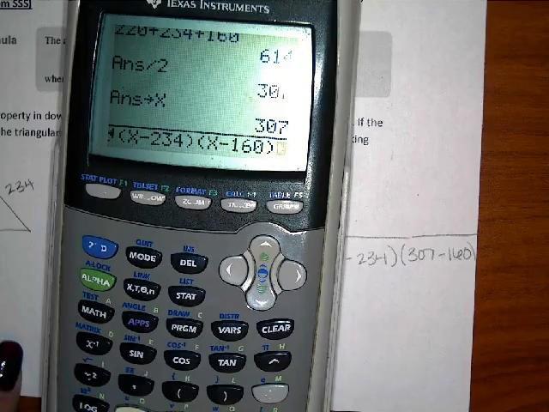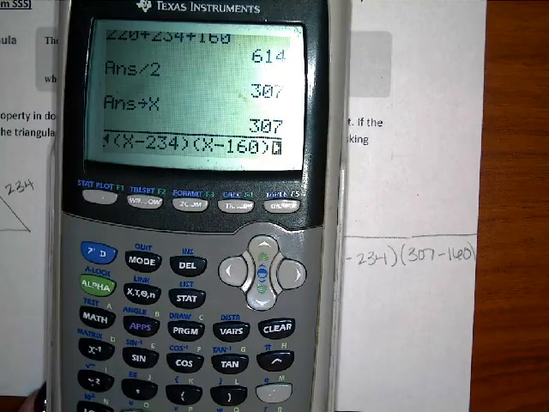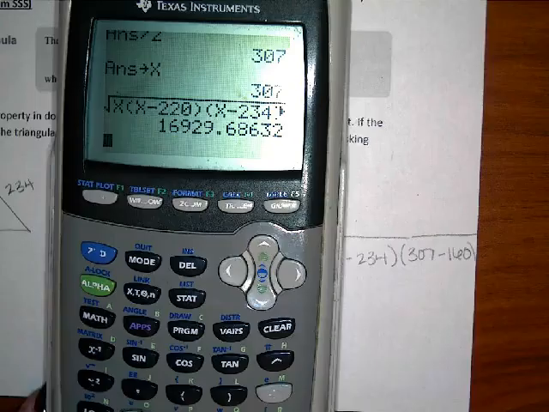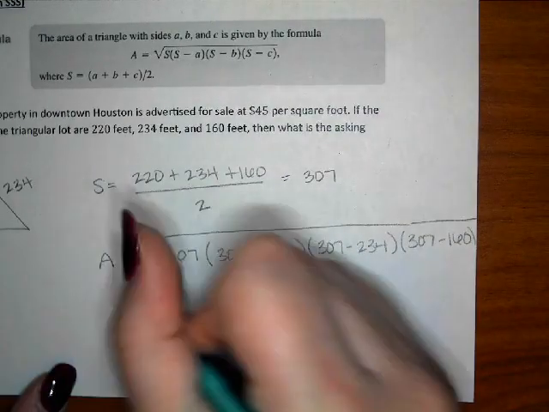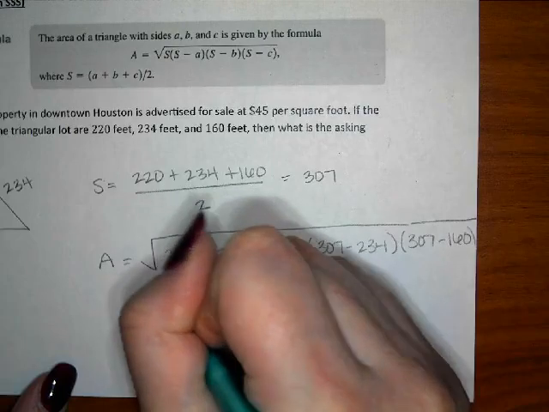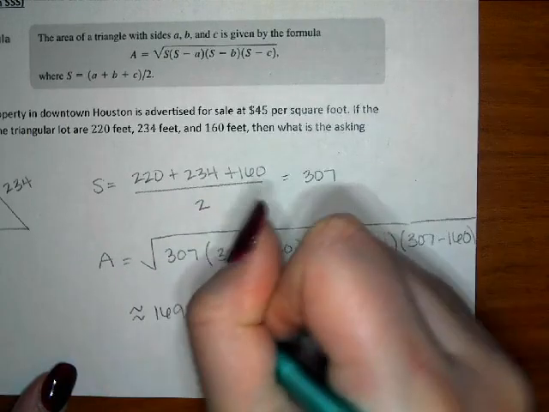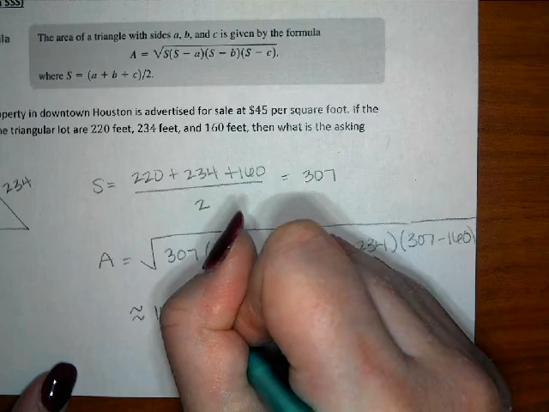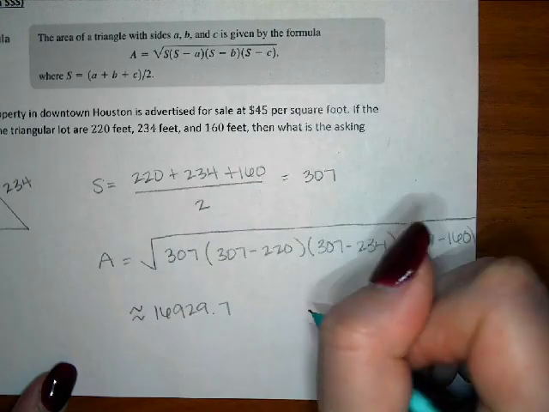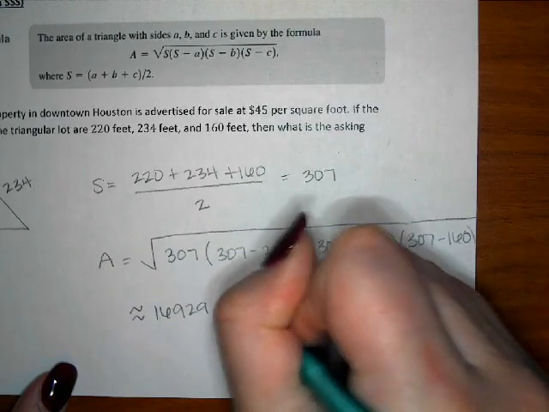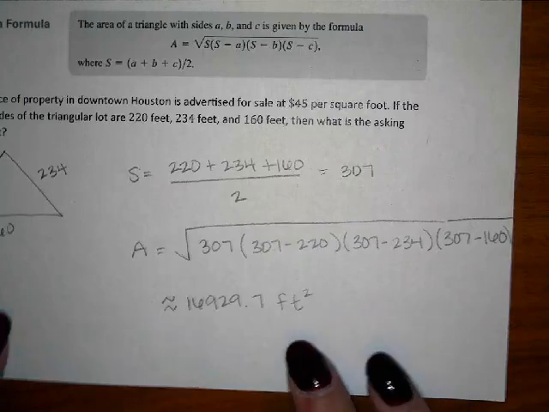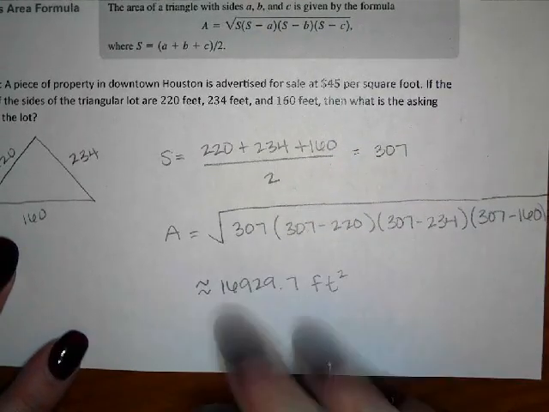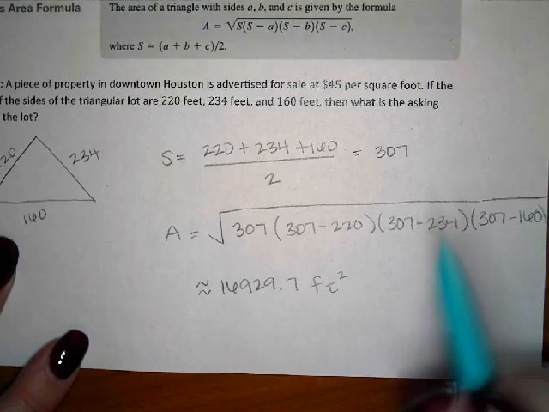Okay, so A is approximately 16,929.7 feet squared. Oh, what is the asking price? We're not done yet. So it says $45 per square foot. So we're going to say this number, I'm not going to round it, times 45.